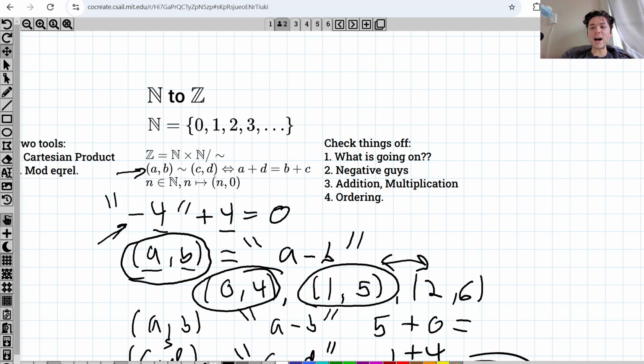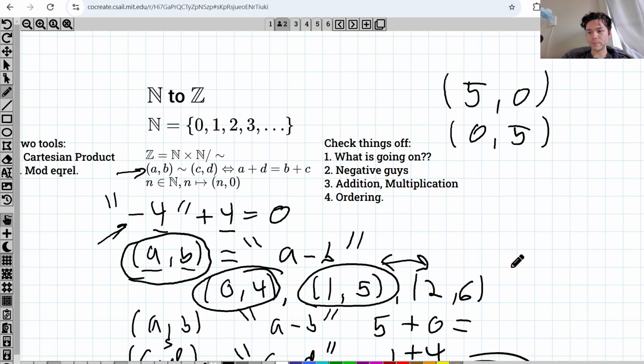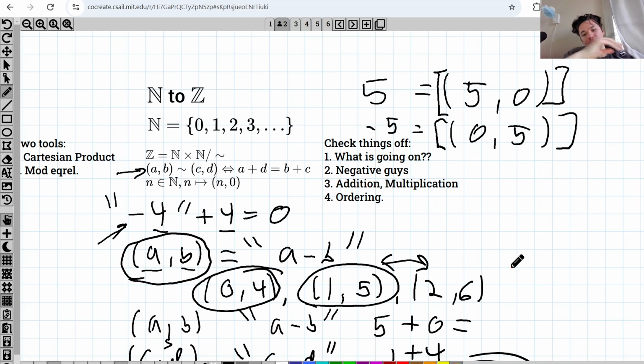If there's an element 5, which we represent as the class of 5 comma 0, there's an additive inverse, which is just 0 comma 5. And so this would be equal to 5, and to be careful, I'll put these brackets around it. And negative 5 is equal to this class. And that gives us all of the elements that we want.